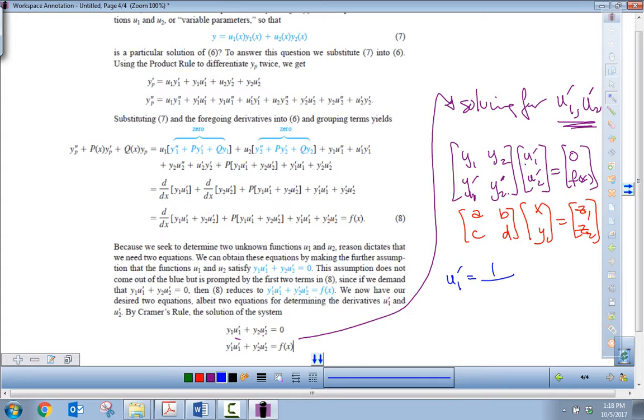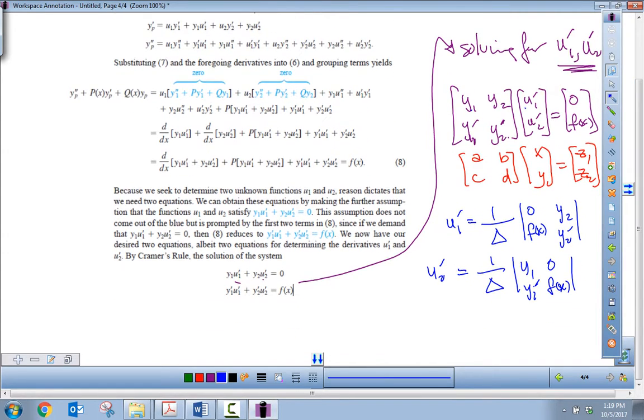It's 1 over the determinant, times the determinant of the y matrix, except the first column is exchanged with the right-hand side. And then u2 prime is like your y, and it's 1 over the determinant, and then y1 prime, and 0, f(x) for the second column.